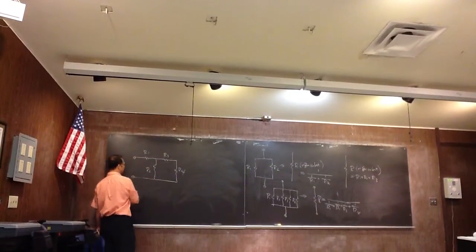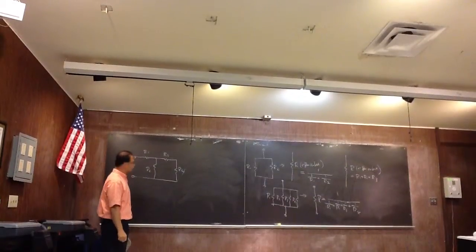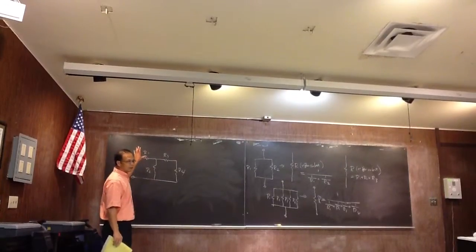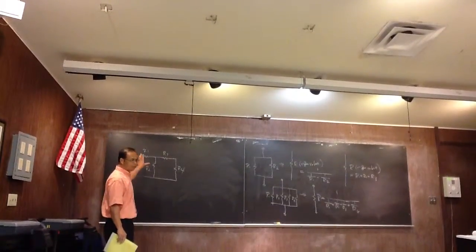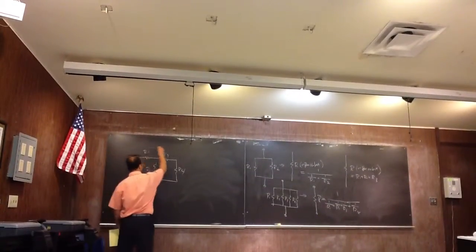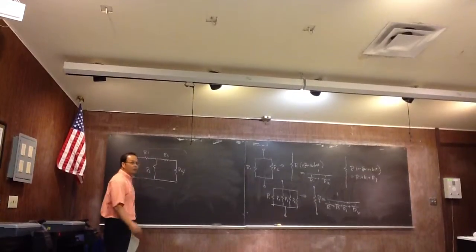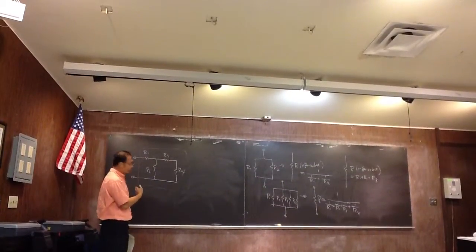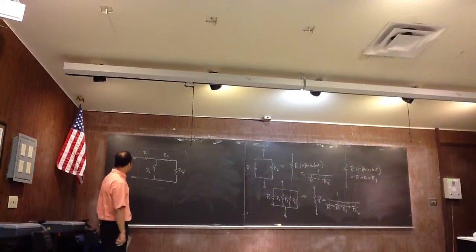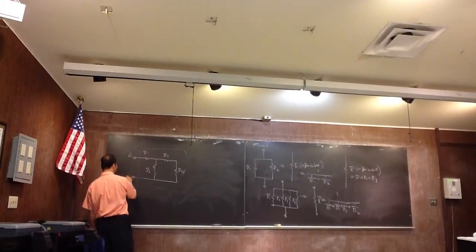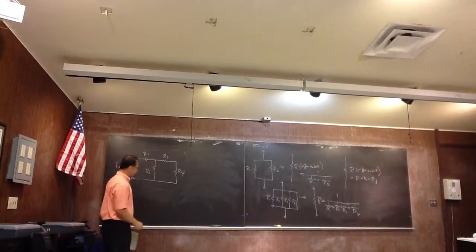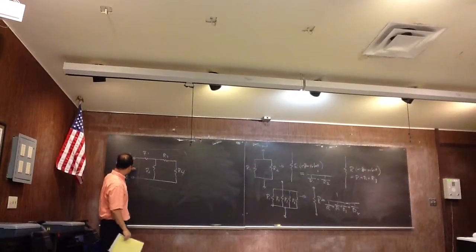Now we can see we have the combination of the series and the parallel connections in the circuit, right? And I want to find out what is the equivalent resistance in that box. If you call this A and B, we are looking for R_AB, the resistance between the terminal A and the terminal B.